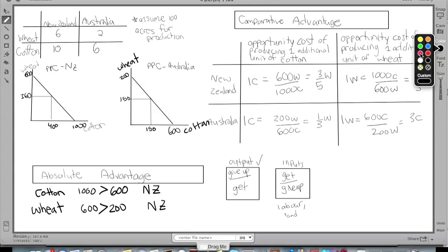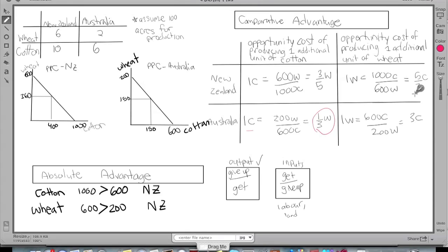is, I'm going to use a different color just so that you can see which stands out. Okay, so over here we compare which one is smaller. So in this situation, 1/3 is less than 3/5. So I'm going to circle that. So that means Australia is going to have the comparative advantage in producing cotton.